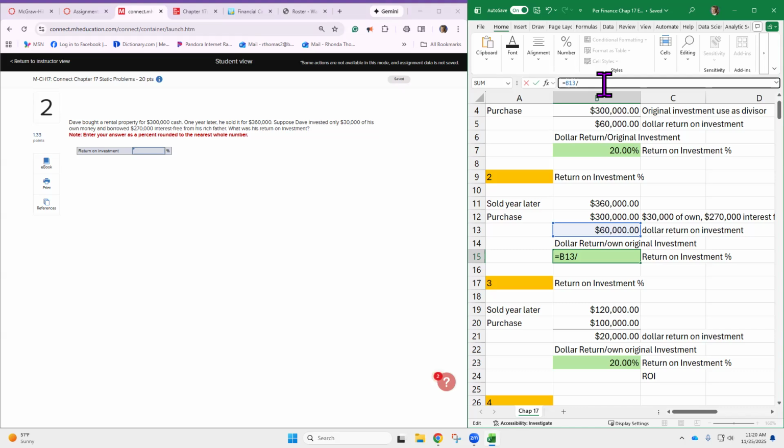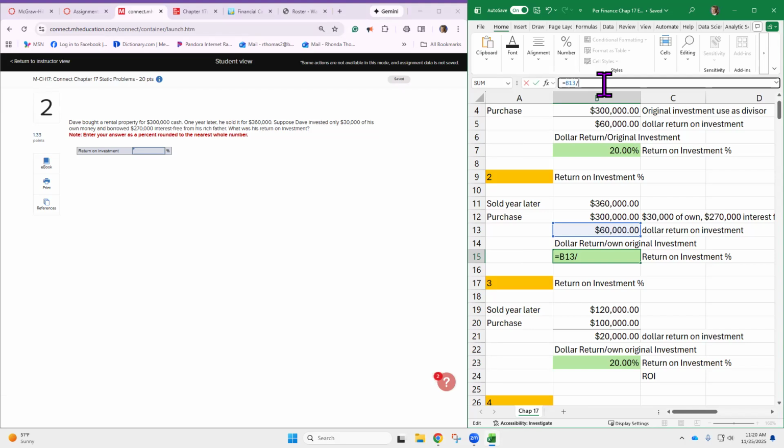To me, this is not a good problem, and I'm not quite understanding what they're trying to prove here. Because, like I said, if he wouldn't have put in that whole 300,000, he would have never made the whole $60,000 profit. I'm going to stop right there. If that doesn't make sense to you, that's okay. But that's the thought that I'm having.